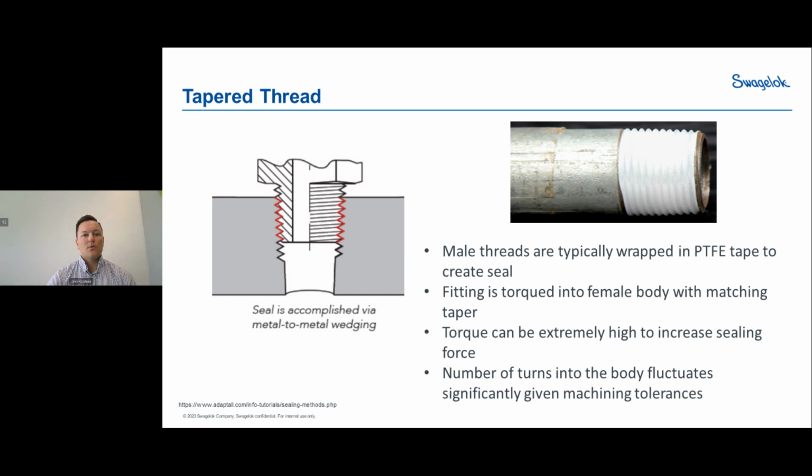And so you will make them up by torque, but there really isn't a way to know exactly, is this fitting made up correctly or not, because it's not a position-based connection technology. So again, these are very common connection types used in many places, and even used successfully in many places. But it's really our most basic type of connection, the tapered thread.